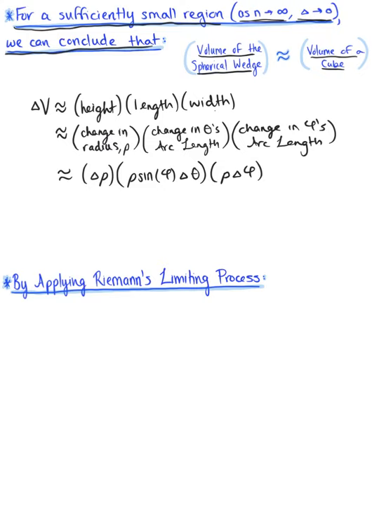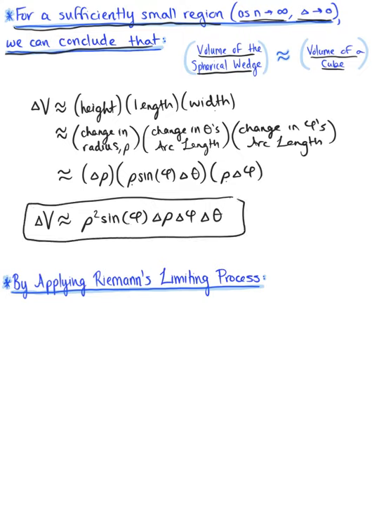So rearranging these terms a little bit, we see that delta V, the change in the volume of this really, really small spherical wedge, is approximately equal to rho times rho, which gives us rho squared, multiplied by sine of phi, multiplied by delta rho, times delta phi, times delta theta, which looks awfully familiar. This is exactly what we were hoping for.